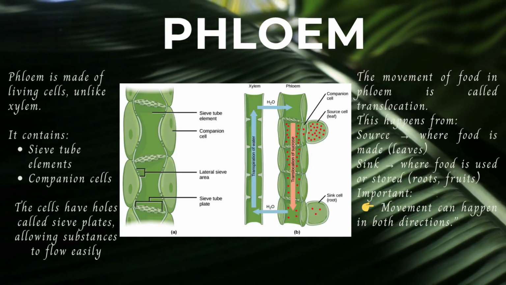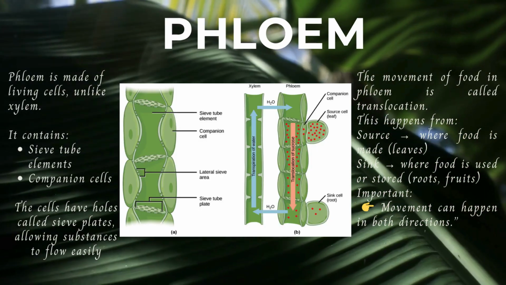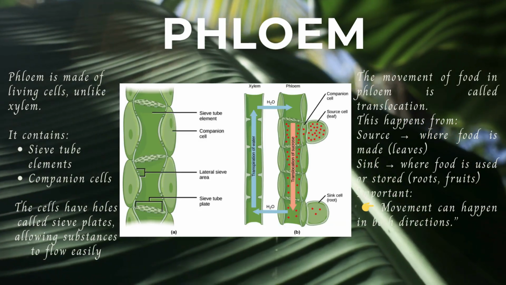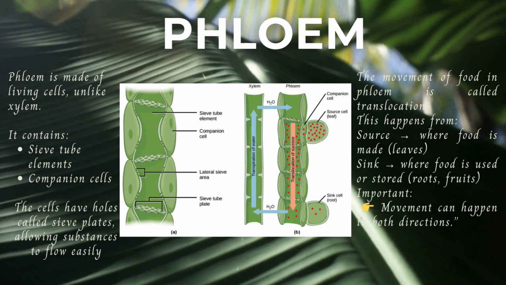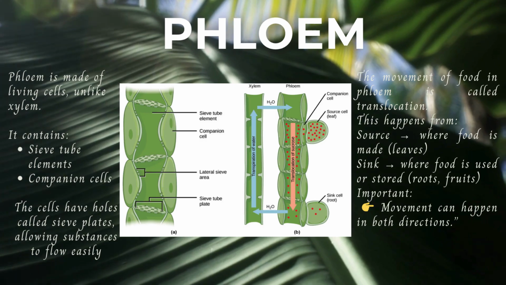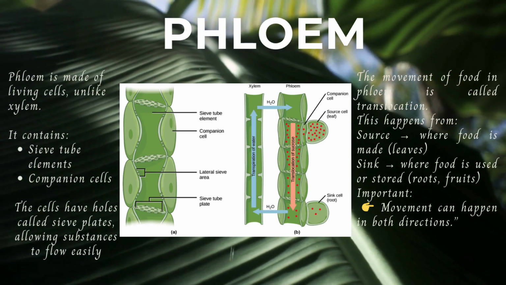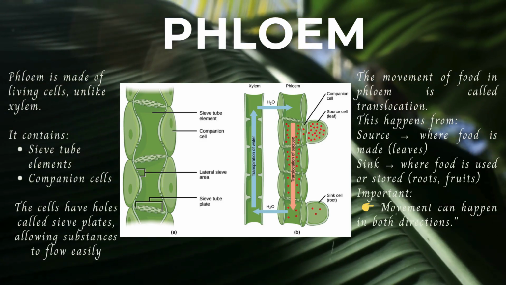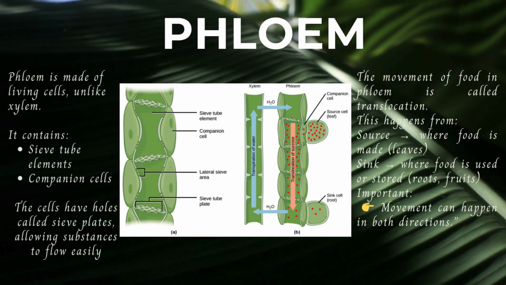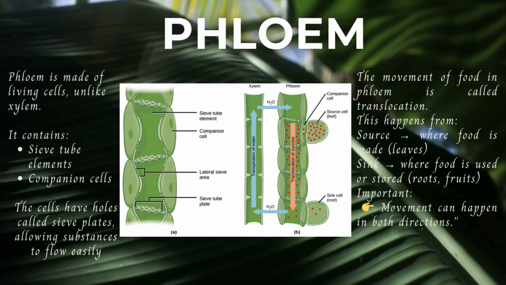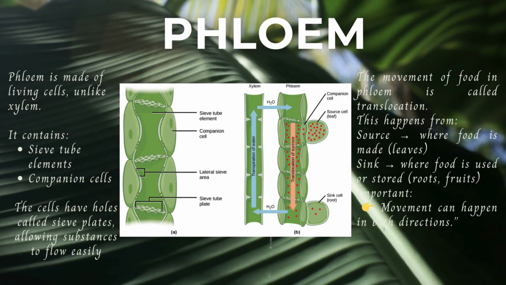End walls have holes. These holes we call the sieve plates. Why is this so important? Because this is the thing that will actually allow substances to flow easily through the phloem. Basically, we will say that these form the main pathway for the transport.